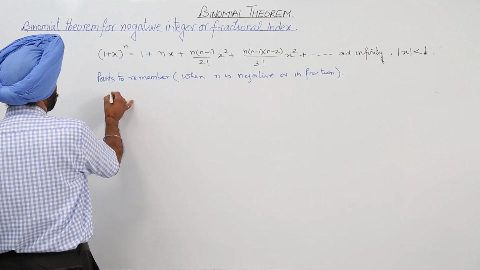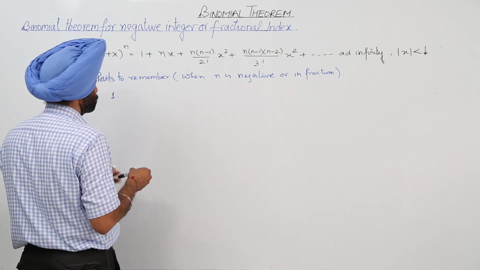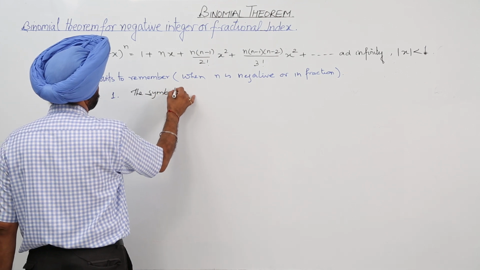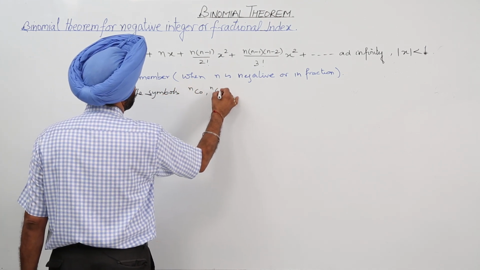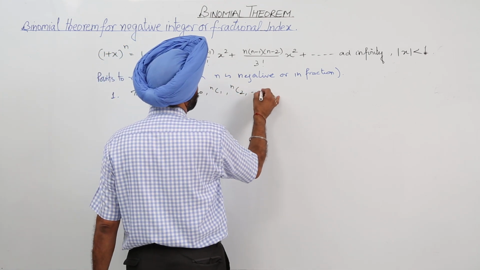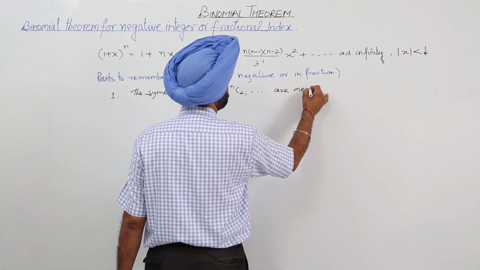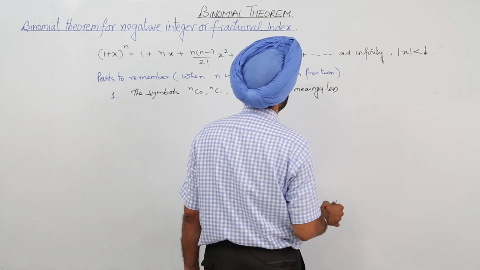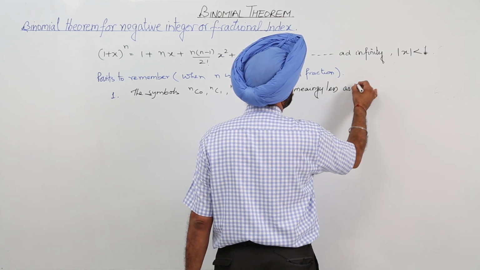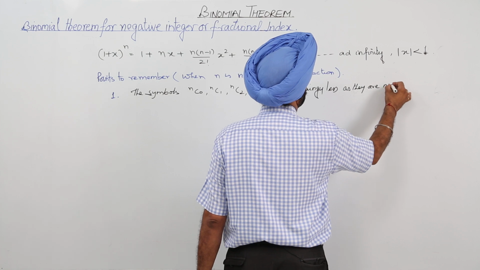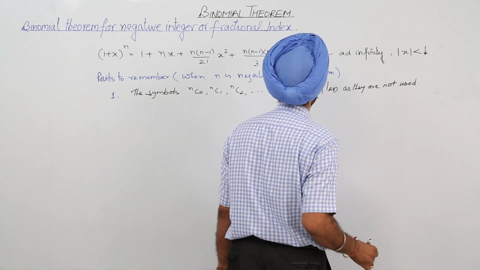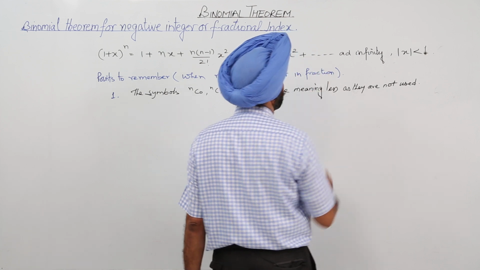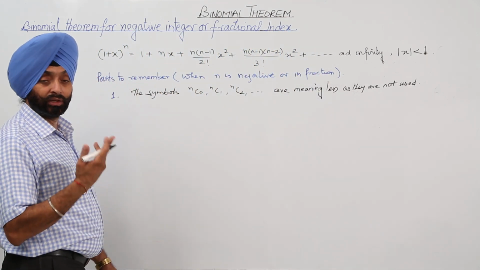Point number 1: the symbols nC0, nC1, nC2, all are meaningless, as they are not used, because here the power becomes negative or a fraction.